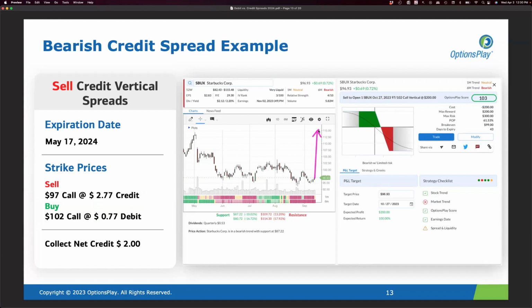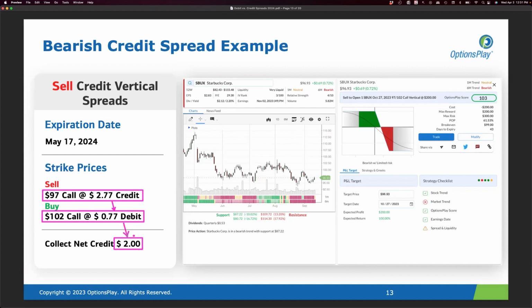Because if we didn't buy that 102 call, the further the stock moves higher, the more money we lose on that strategy. So we buy the 102 call. We pay only 77 cents for it, which means that instead of collecting $2.77, we now only collect $2.